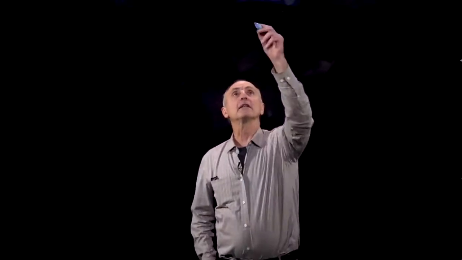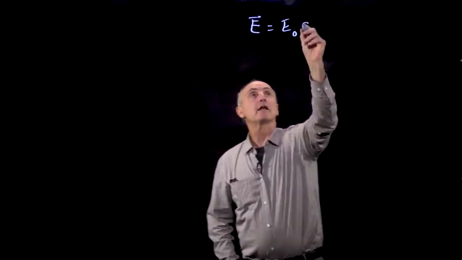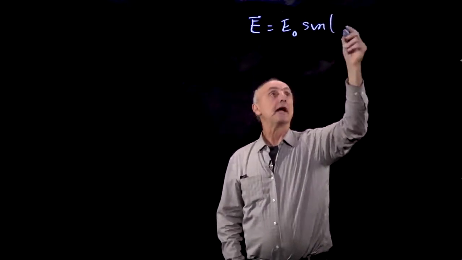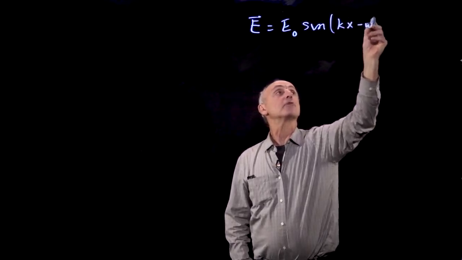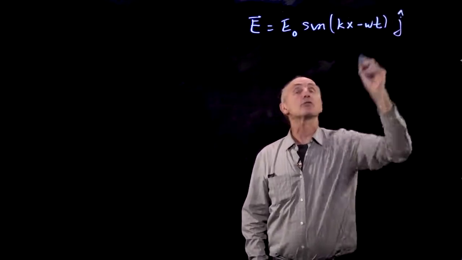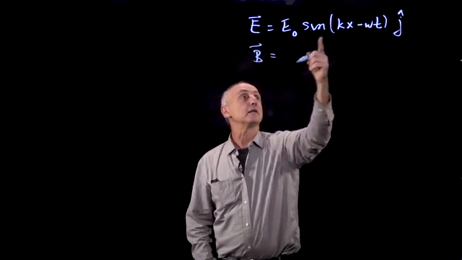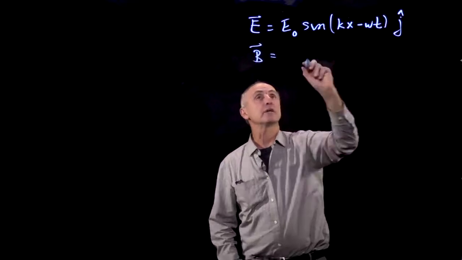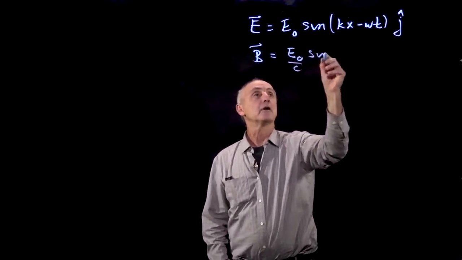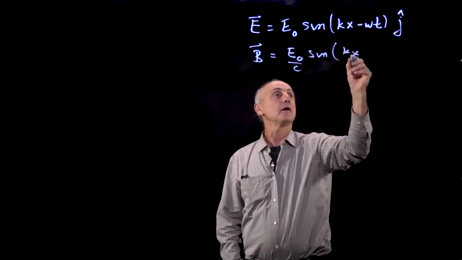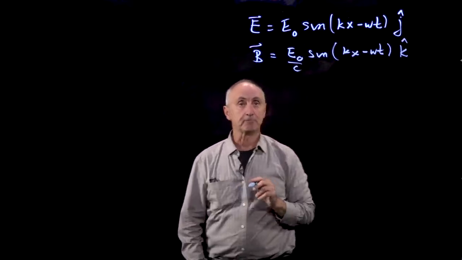When we considered a plane electromagnetic wave, we talked about an electric field that was a sinusoidal function, and it varied by kx minus omega t. Say this was one particular type of solution of a plane electromagnetic wave traveling in the positive x direction, pointing in the j direction, with an associated magnetic field that went down by a factor of 1 over c, and the magnetic field was pointing in the k-hat direction.